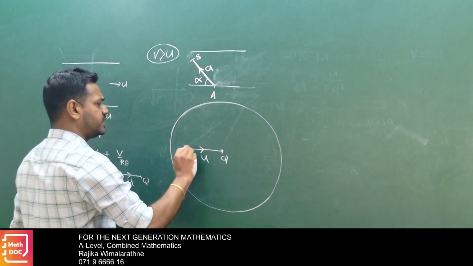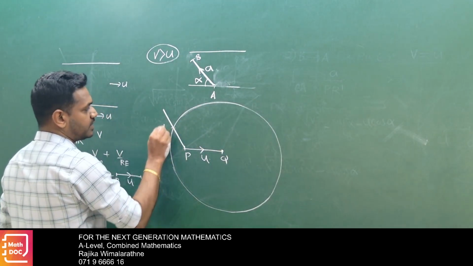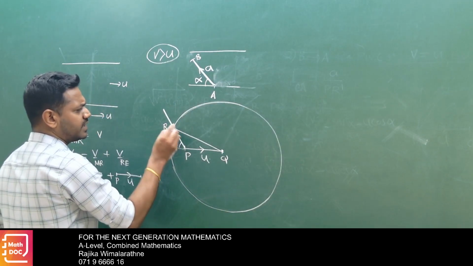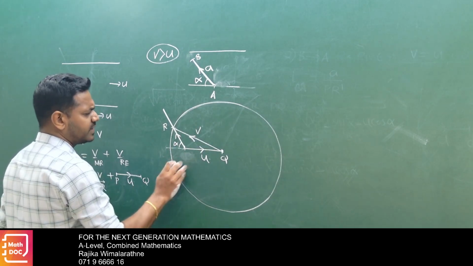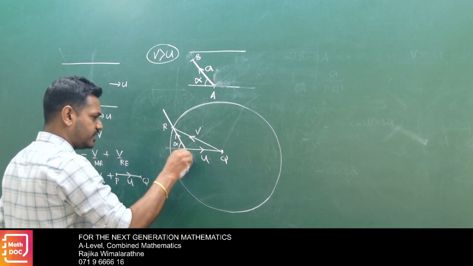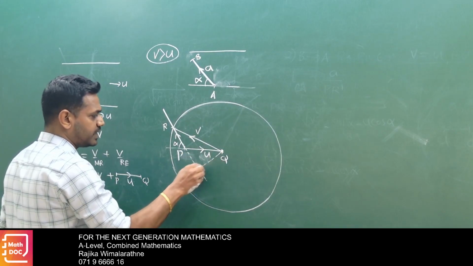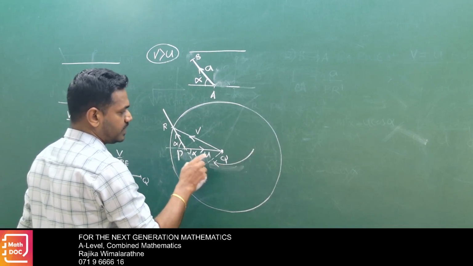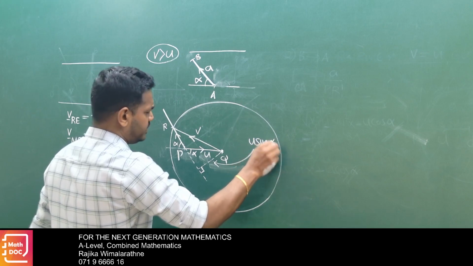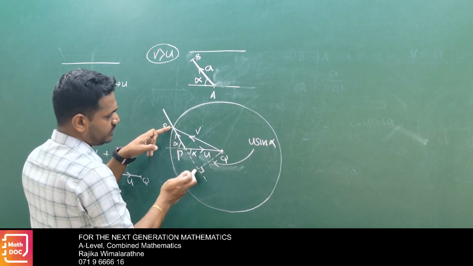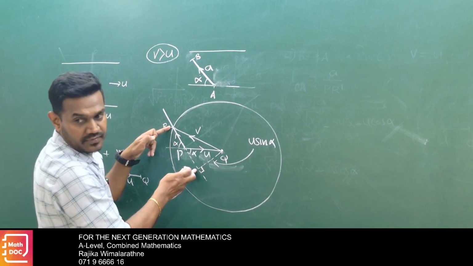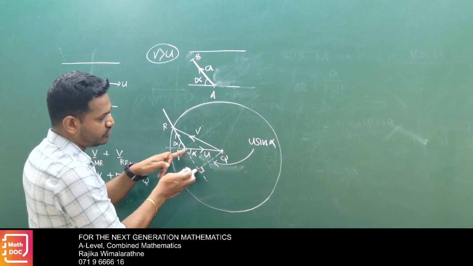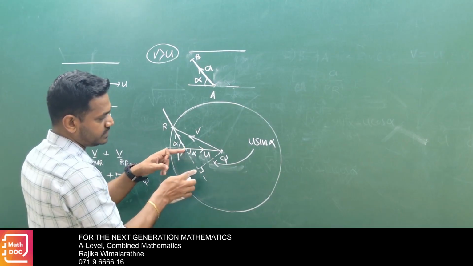Now for A to B motion, you have to consider here R, its inclination alpha, then radius here V. Now here the best technique: you produce this and sketch a perpendicular from here, angle alpha, no? Then this will be U sin alpha. Then find this length, here V, no? Apply the Pythagorean theorem, V square minus U square sin squared alpha. By that you substitute, remove the U cos alpha length, no? Here U, this is U cos alpha.